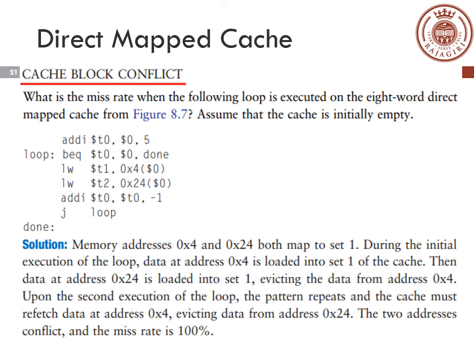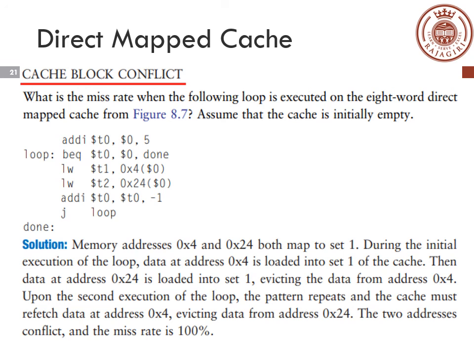The next instruction is LW, loading a word from address 4. The next instruction loads a word from address 24. Now there is a conflict. First the cache set 1 is updated with the data from address 4.